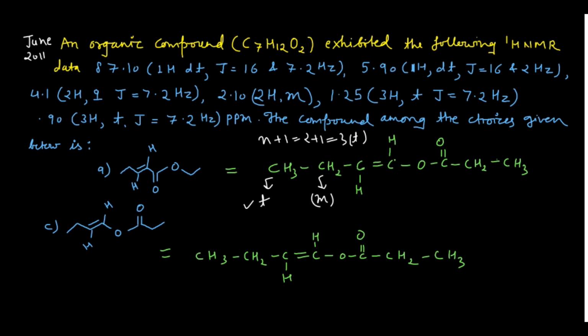Why multiplet? Because these two hydrogens can couple with these three hydrogens, similarly with these three hydrogens. Say, I am assuming that these two couple with this one, it will give you a doublet, and this doublet will again be split by these three, that means quartet of the doublet, and so it will be a multiplet. I hope this is clear to you. There is no need to go for this one and this one, we have already assigned these are the trans hydrogens.